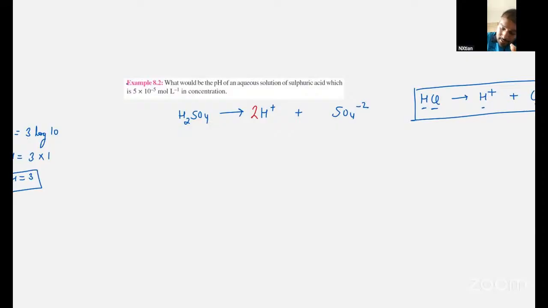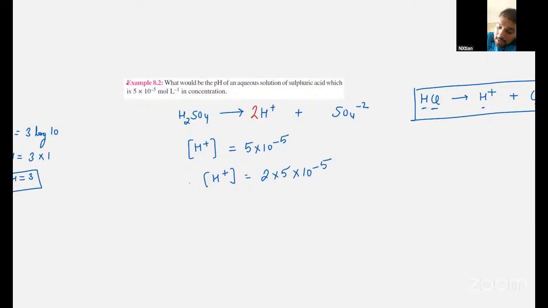So now the concentration of H plus ion is given to us, which is 5 into 10 to the power minus 5. Okay, yes or no? Now how many H plus ions are there? 2. So I have to multiply it by 2. So the H plus ions will be 2 into 5 into 10 to the power minus 5.